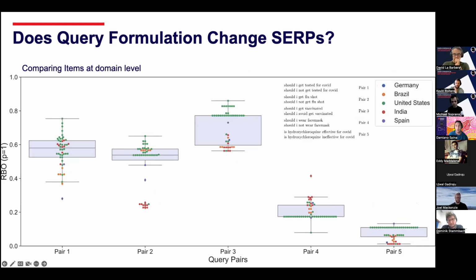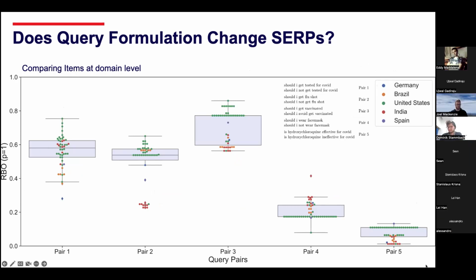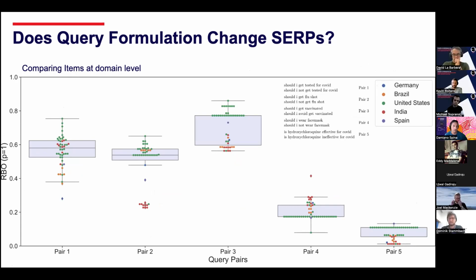If we compare at domain level, we see that the scores are higher, but still lower than we would expect. So the rankings are not completely similar. When we go to domain level, we can see that the positive and negative formulations retrieve different URLs from similar domains for some of the query pairs.